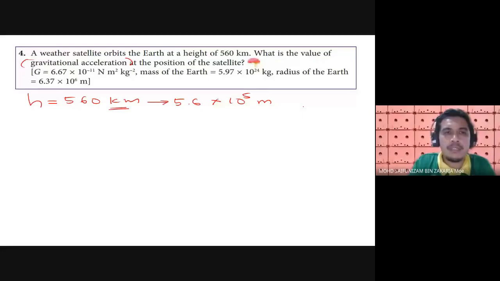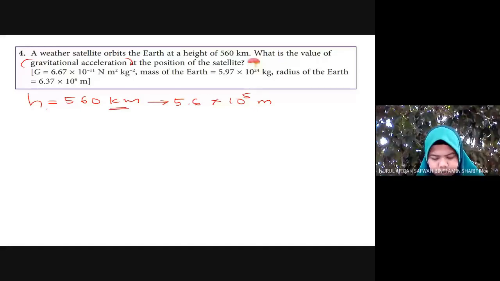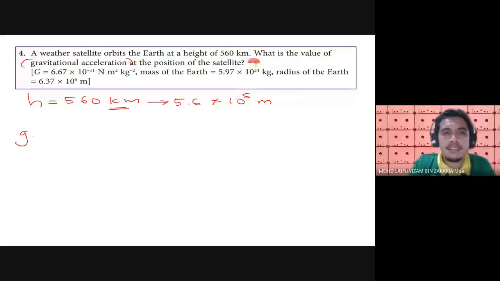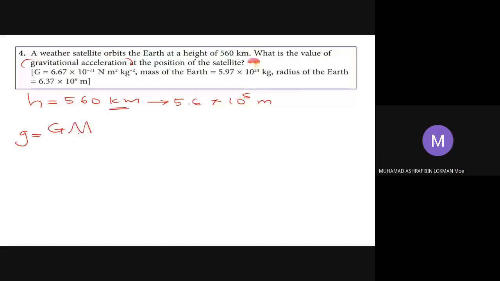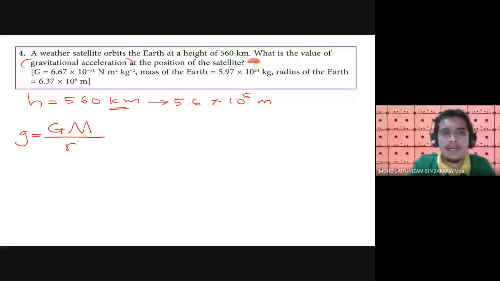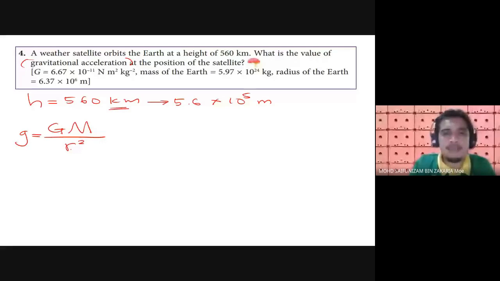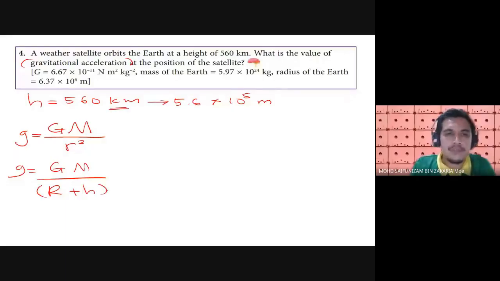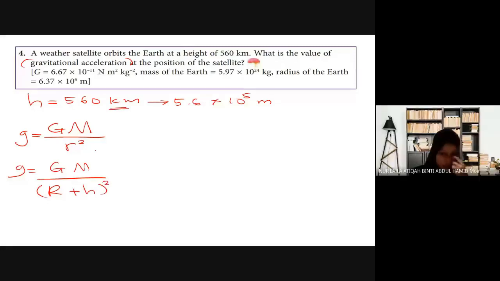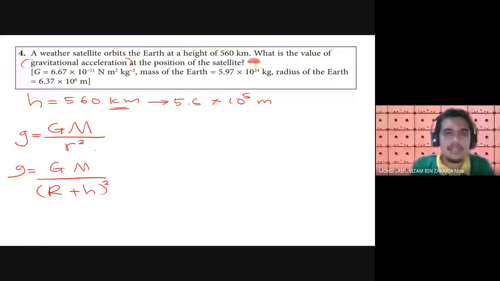What is the formula or equation to find gravitational acceleration? g equals GM over R squared. For this situation, g equals GM over (R plus h) squared. Do you agree with me? Yes.